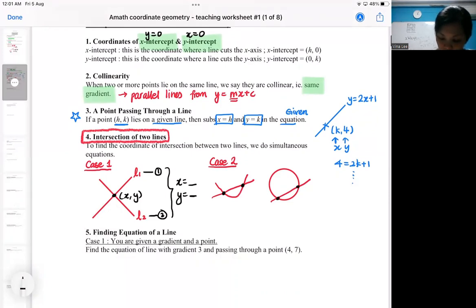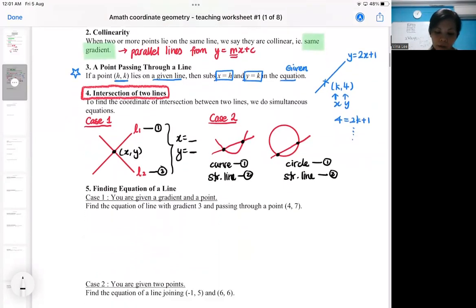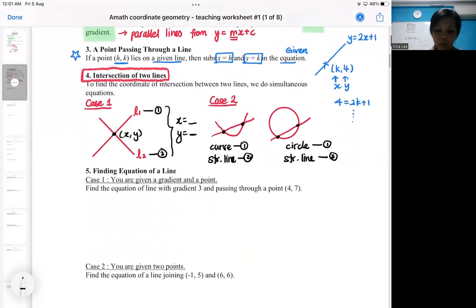You use the curve as one equation and the straight line as another equation. For the circle part, the circle is one equation and the straight line is another equation. In case number 2, when you do the simultaneous, it will most probably lead you to a quadratic. So you get two possible answers. That's why you will have two intersection points. That will be one of the critical ones.